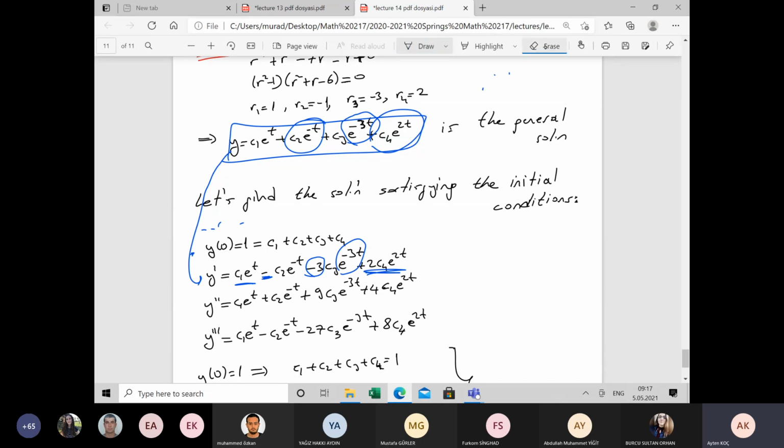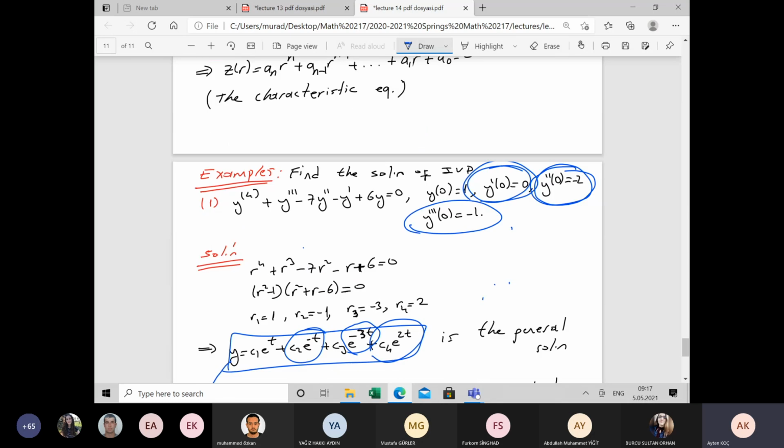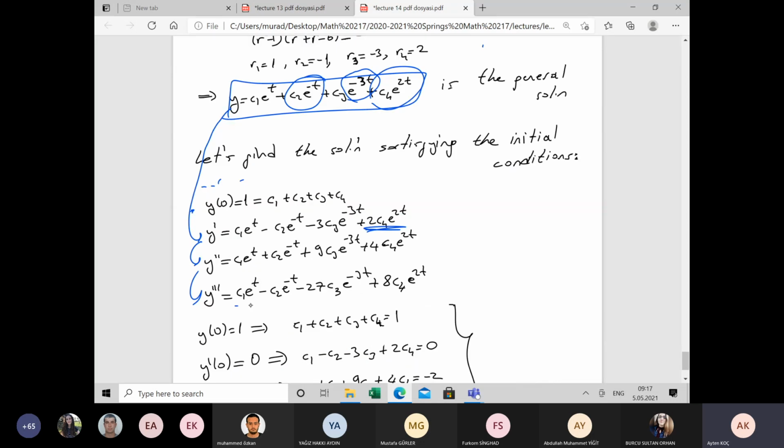You have to compute the derivative again for the next initial condition, y'', and for the last initial condition. So let's compute all derivatives here.